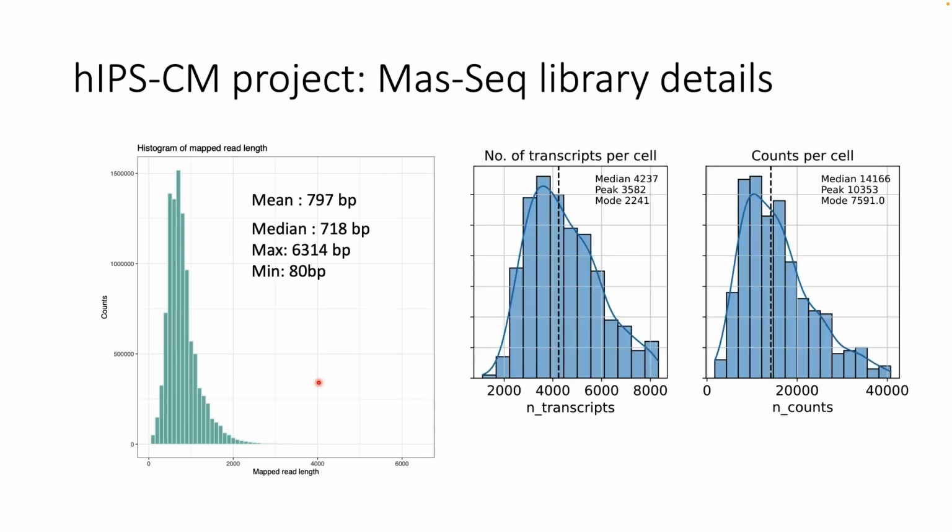So if you wonder what the transcript composition of individual cells is, we on average identify about 4,000 transcripts per cell in this data set. And with regards to the individual transcript counts per cell, we are ranging in the area of 14,000. The distributions are both shown here on the right-hand side.